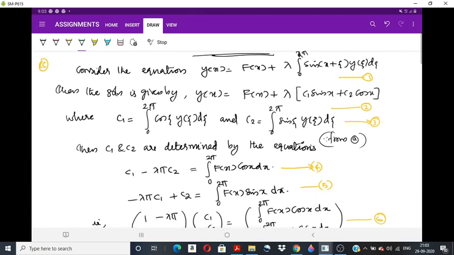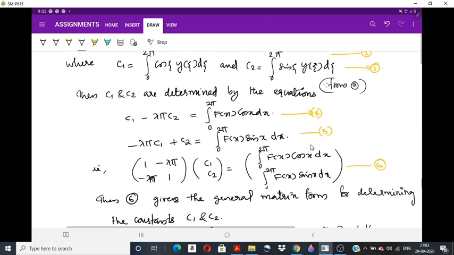So part C, the equation 1 is f of x. Well, first we consider the general form, that means with f of x and lambda. Let it be equation number 1. Then the general solution will be in the form of equation number 2, where C1 and C2 are given by equation number 3.